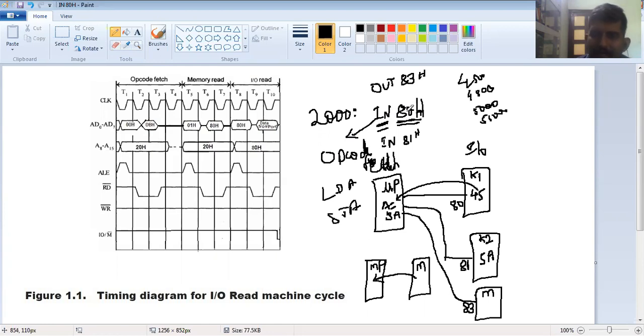80 will be in what address? Yes, very good, Kannan. A8 to A15. Hiba, I am talking about something like this: I want you to write at 2000, what will be available? First, tell me at 2000 what will be available, Hiba?